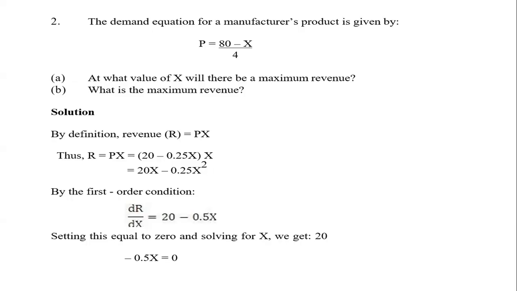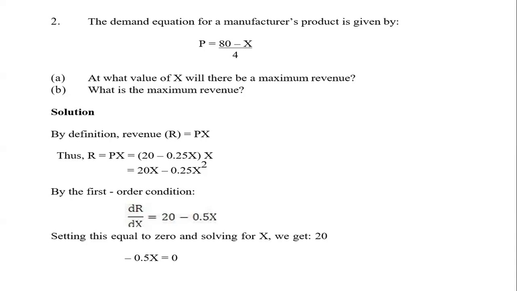So this one has no problem. However, the question we want to answer is, at what value of x would there be a maximum revenue? And we know from our definition that at the maximum or minimum point, the first derivative, or the first differential, of the given function must be equal to 0.